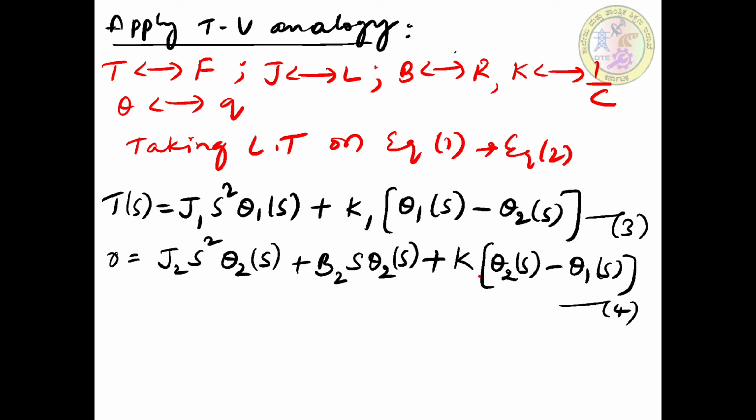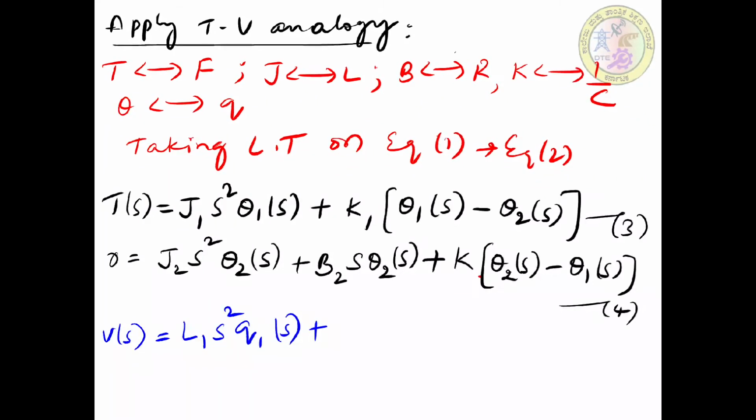Our new equations after applying the analogy will be V of s equal to, in place of J1, L1, then s square. Theta will be replaced by charge Q, so Q1 of s, plus K is nothing but the capacitor.